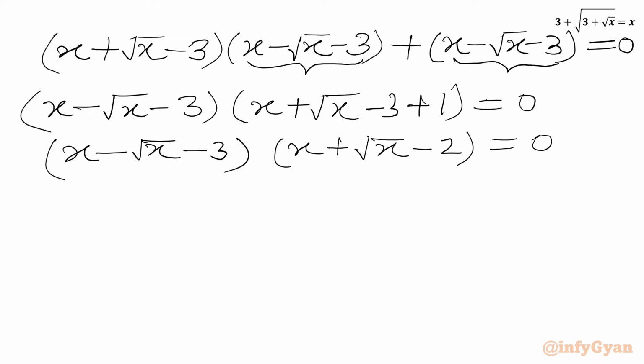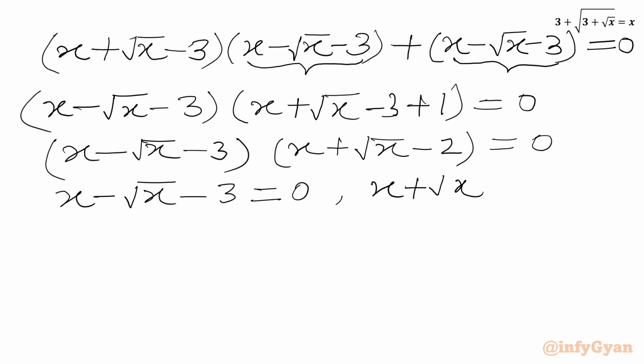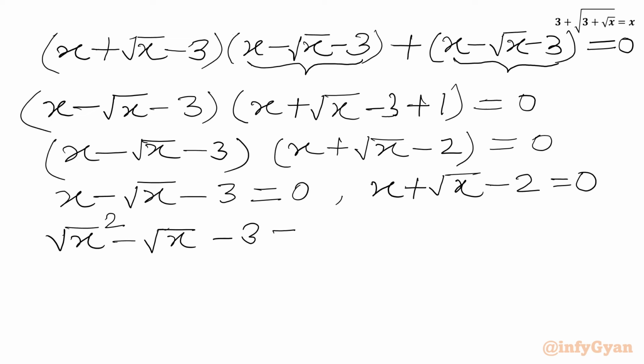Now we will apply product 0 rule. We can write either x minus root x minus 3 equal to 0 or x plus root x minus 2 equal to 0. Or we can write x as square root x whole square. So this becomes one quadratic equation in square root x.